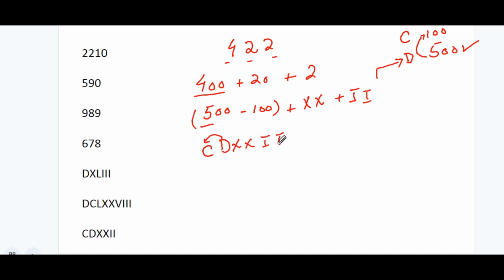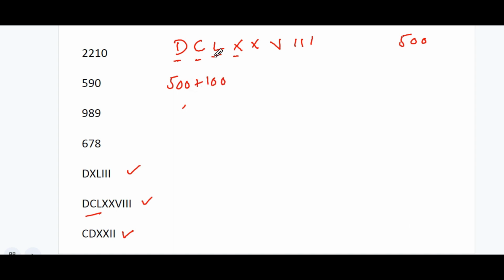Okay guys, so now we are going to change these Roman numerals into numbers. So let's solve this one question, that is DCLXXV8. D is equal to 500, C is equal to 100, L is equal to 50, and X means 10 plus 10, plus 8.